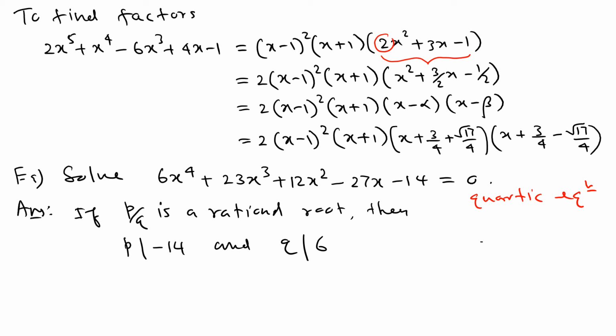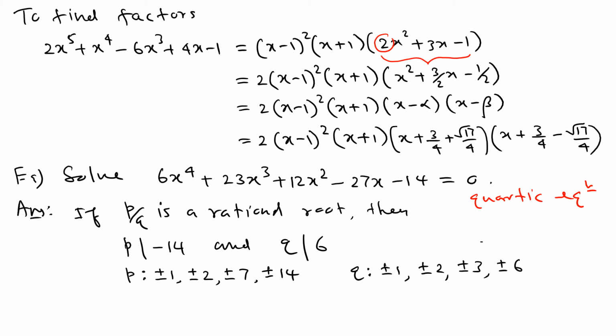For P, the possibilities are the factors of -14: plus or minus 1, plus or minus 2, plus or minus 7, and also plus or minus 14. Those are the options for P. And then the options for Q are plus or minus 1, plus or minus 2, plus or minus 3, and plus or minus 6.